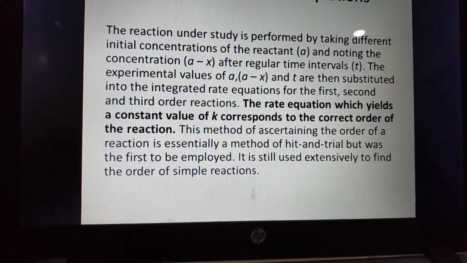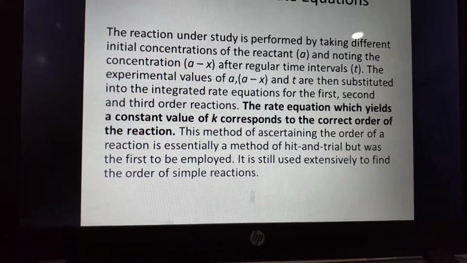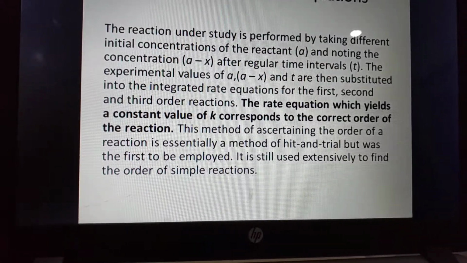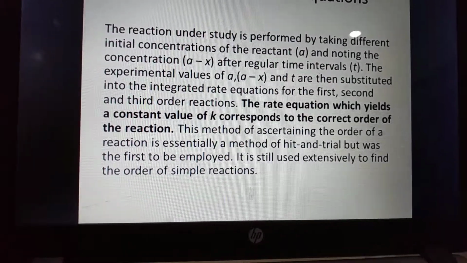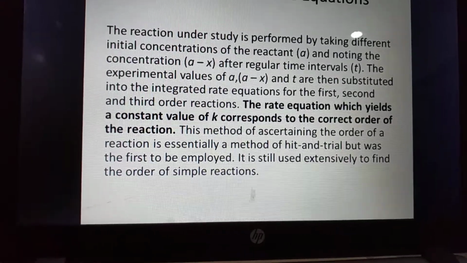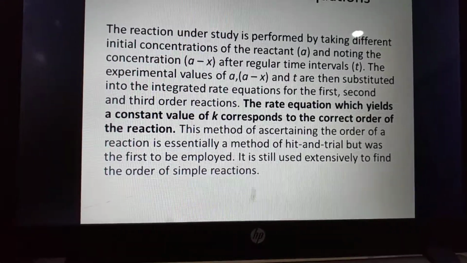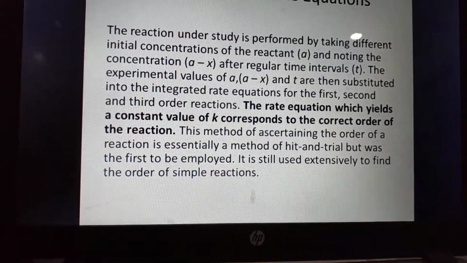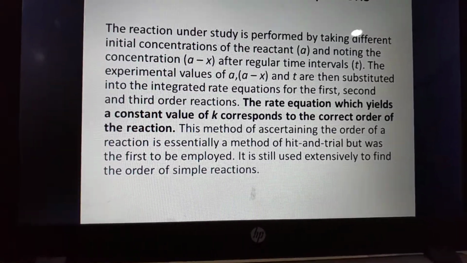The experimental values of a minus x and t are then substituted into the integrated rate equations for zero order, first order, second order, and third order reactions. The rate equation which yields a constant value of K corresponds to the correct order of the reaction.